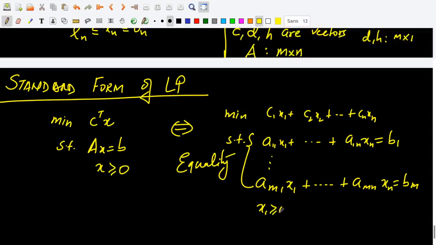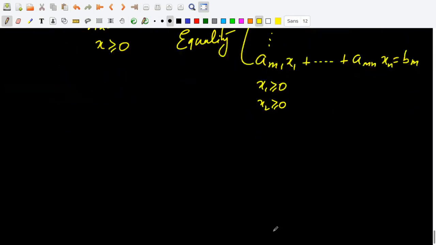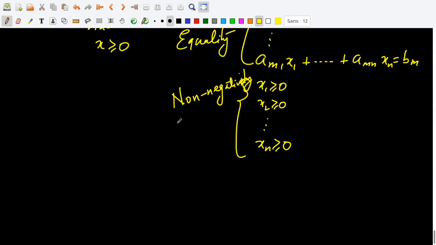And x1 greater than or equal to 0, x2 greater than or equal to 0, so on and so forth. And these are your non-negativity constraints because they are enforcing that all x's are non-negative, or bound constraints.